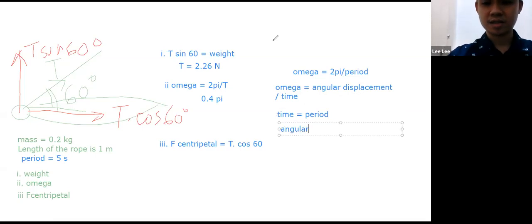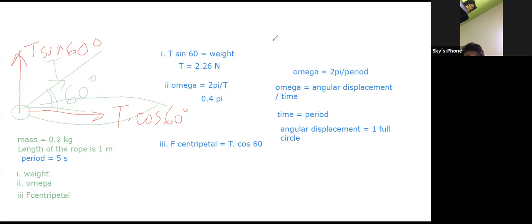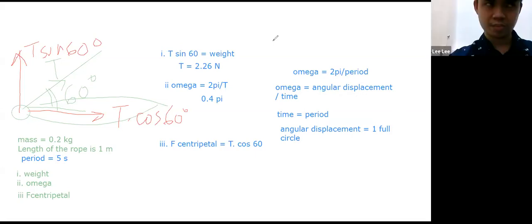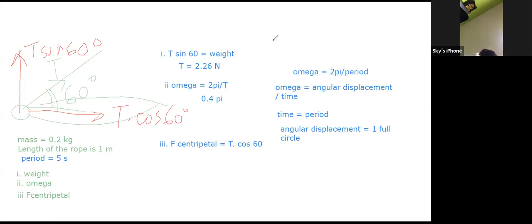So the angular displacement must equal 1 full circle, 1 full turn. In 1 full turn, how many radians are there? 2 pi, right? So 2 pi over T. Do you understand now? Does it become 2 pi over period? Okay. Thank you, sir. Welcome.